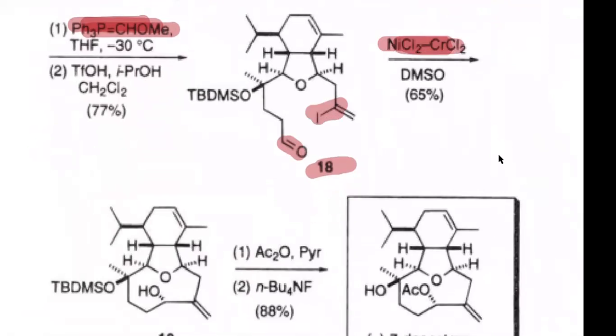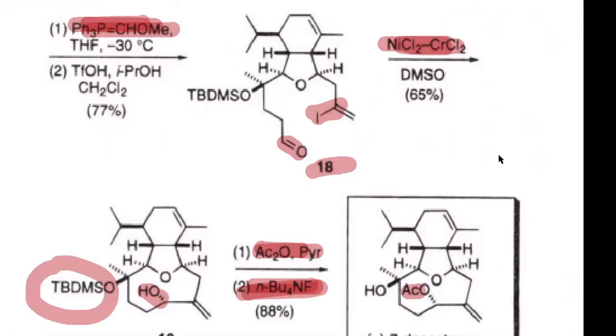So those two pieces attacked each other. Boom. That's how you get this alcohol down here. And then after that, it's just an acylation and a deprotection. Tetrabutylammonium fluoride will take off this, and then the acylation part, you can see that happen right here on the OH group.